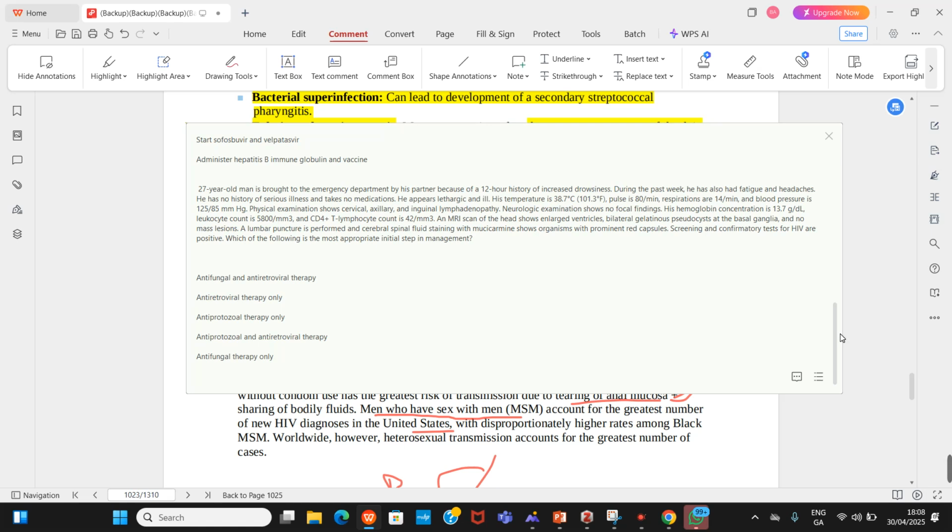Neurologic examination shows no focal findings. Hemoglobin is 13.7. CD4 count is 42. MRI of the head shows enlarged ventricles, bilateral gelatinous pseudocysts at the basal ganglia, and no mass lesion. A lumbar puncture is performed and CSF staining with mucicarmine shows organisms with prominent red capsules. Screening and confirmatory tests for HIV are positive. Which of the following is the most appropriate next step in management? Anybody?